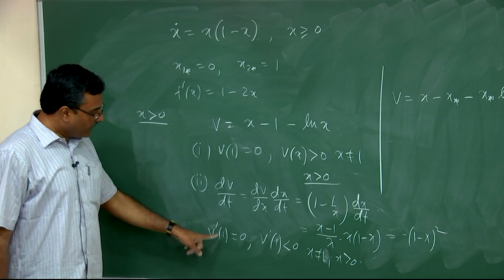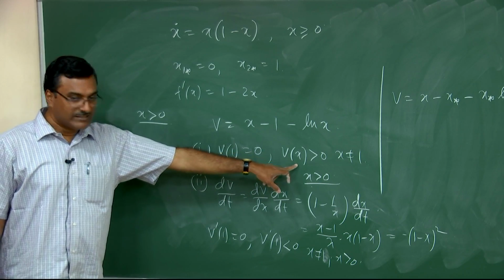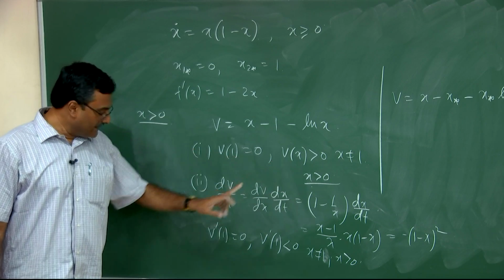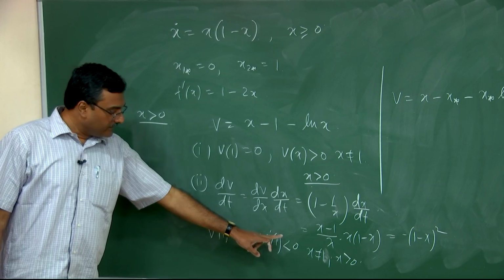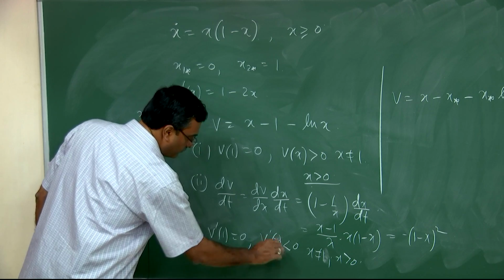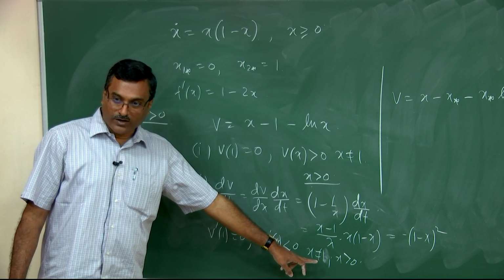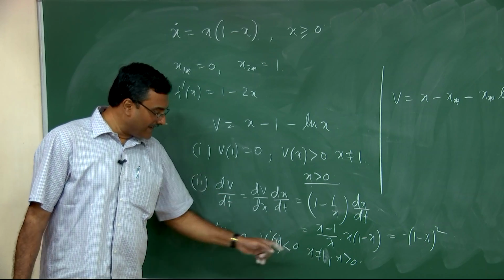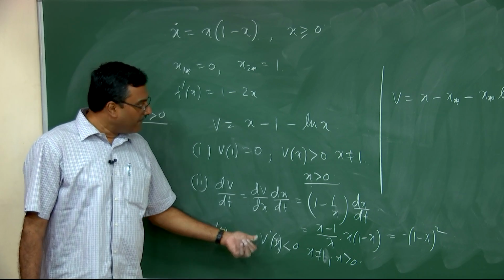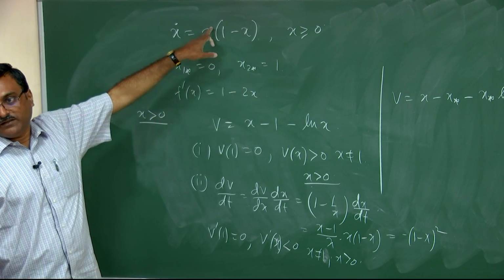So therefore both the conditions are satisfied: except at the equilibrium point V is a positive definite function, and except at the equilibrium point the time derivative V dot x is less than 0 for x not equal to 1. So therefore it is negative definite except at the equilibrium point. So therefore x equal to 1 is globally asymptotically stable for this system, right.